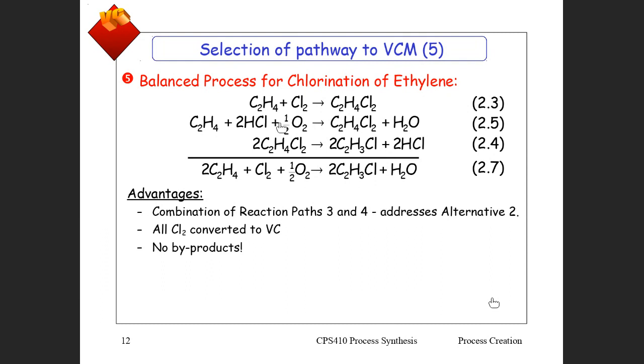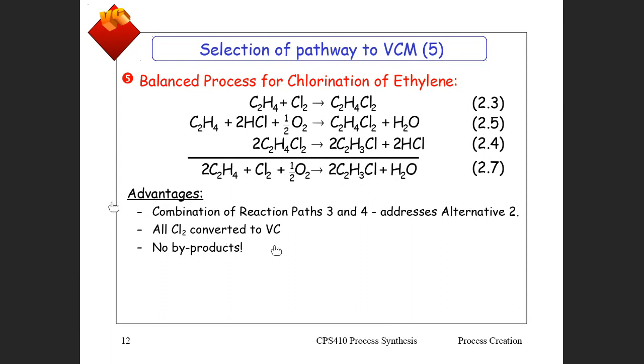Overall, because you don't use it up or create it, you can consider it that, but when it happens in different reactions or at different places in the reactor, you don't consider it a catalyst. Okay, so all chlorine is converted to vinyl chloride monomer, which is pretty good, and there are no byproducts because water is not really considered a byproduct. So you don't have to go and sell something.